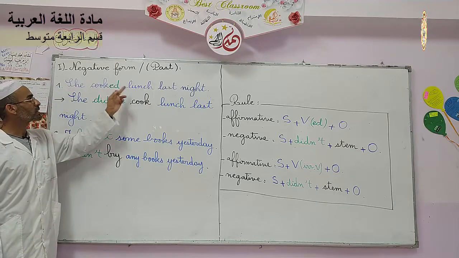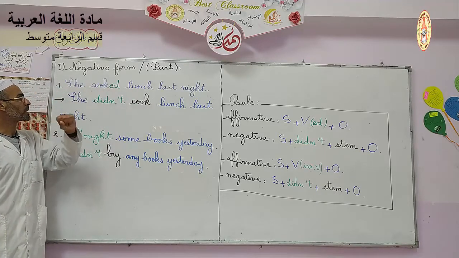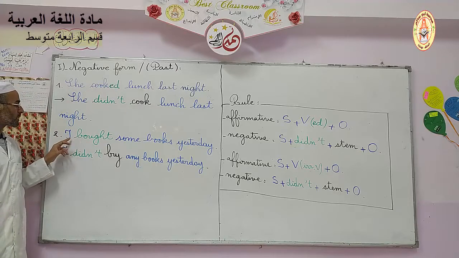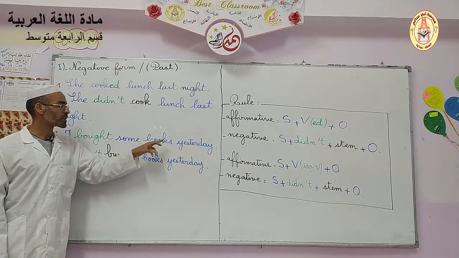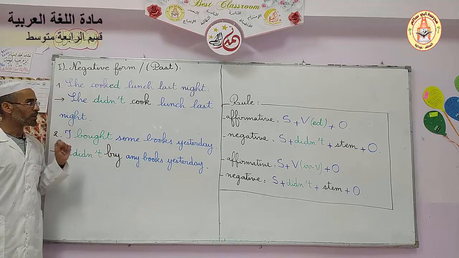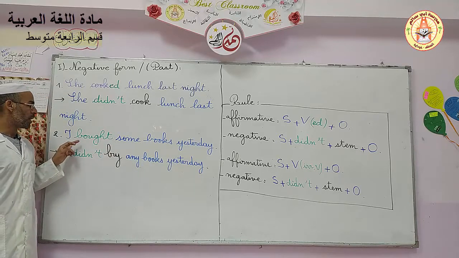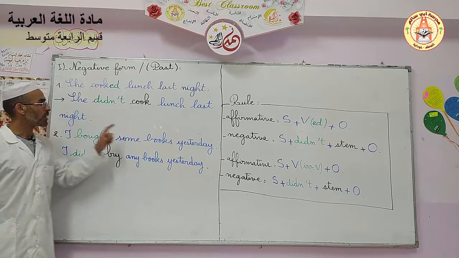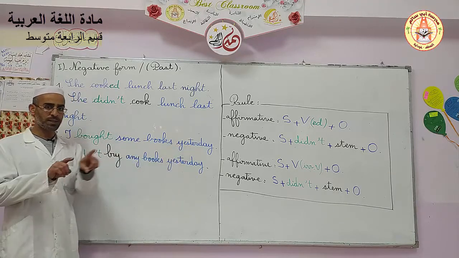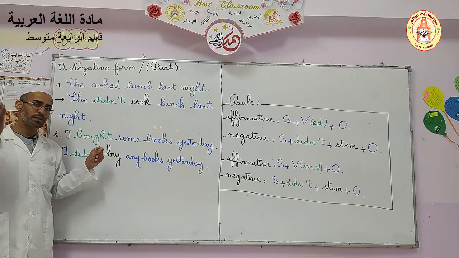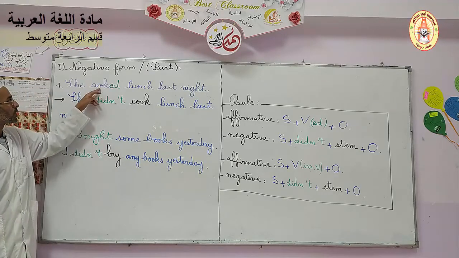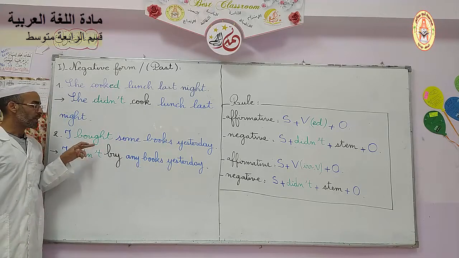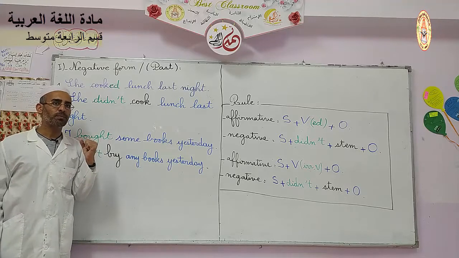Now the second sentence, I bought some books yesterday. Now the verb is bought, and we have yesterday. So the same, this sentence is in simple past. Now we have cooked and bought, they are verbs in simple past.